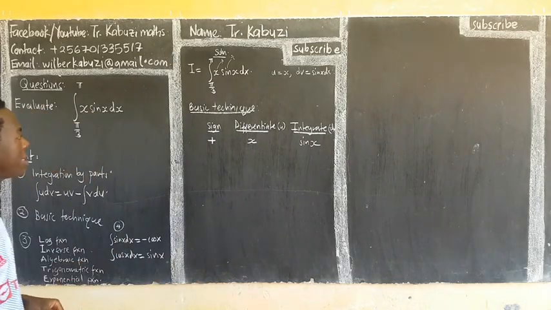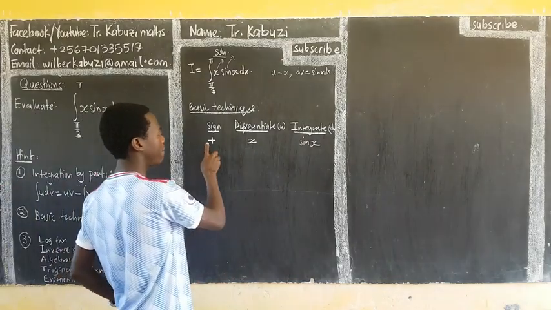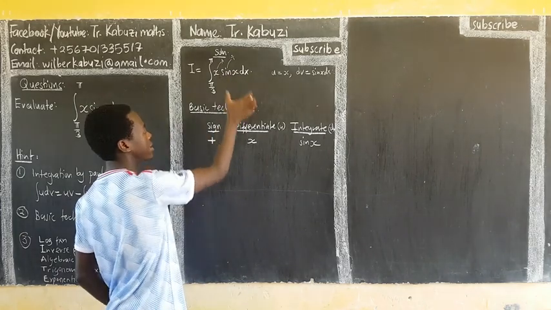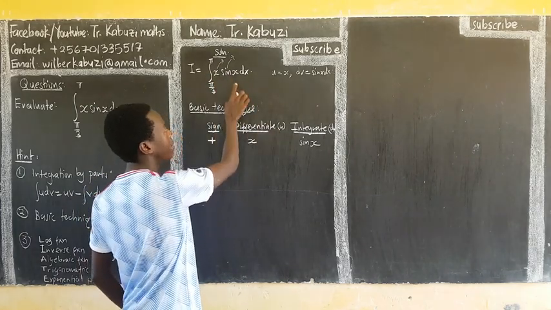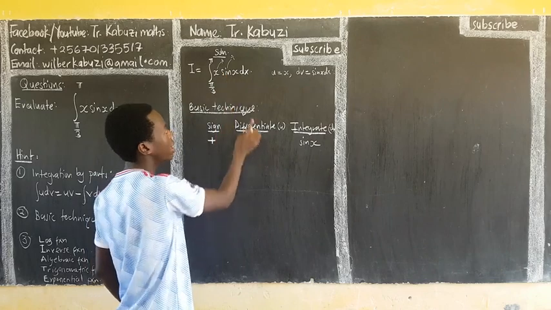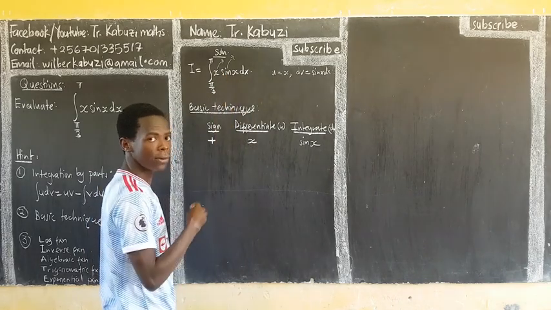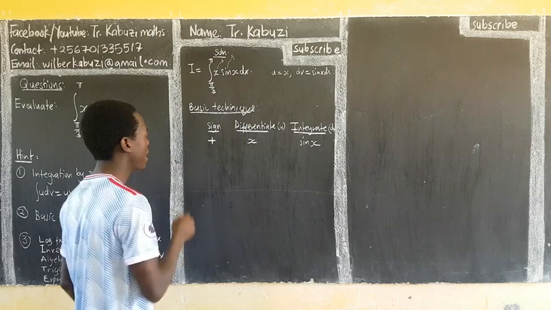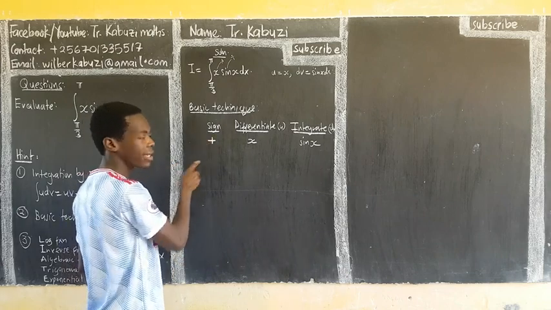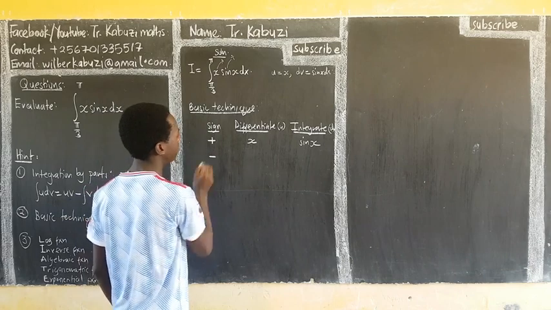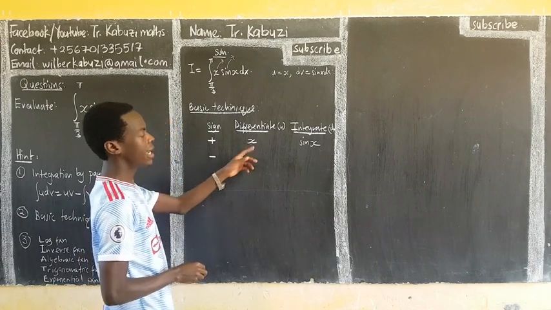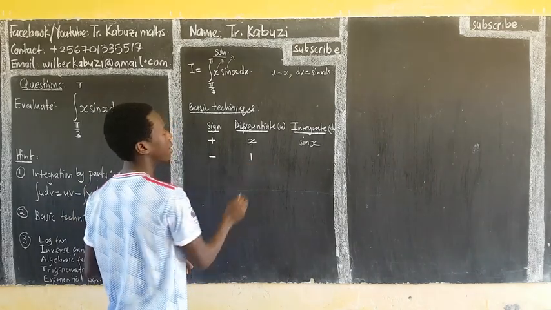As simple as that. Now, this is the first step. This is what I have here: positive x, sine x. As we saw in the integration there, this will be the u, and then this will be the v. Now, these signs keep on alternating. So from a positive, I'll go to a negative. When I differentiate x, I get 1.